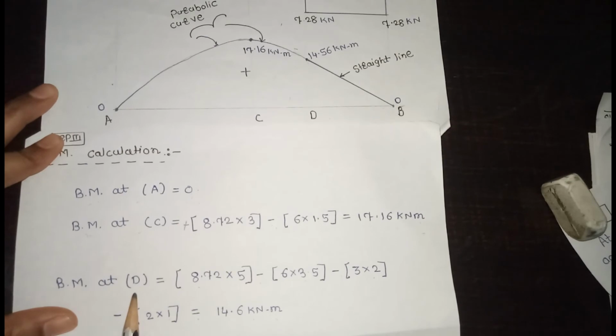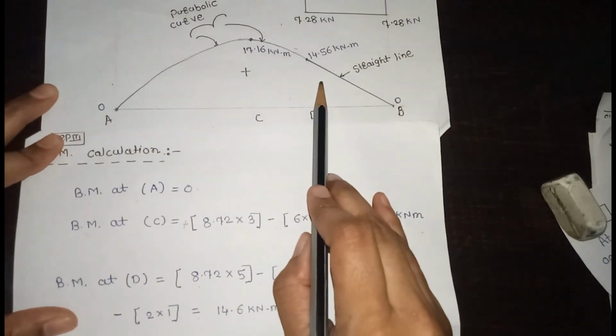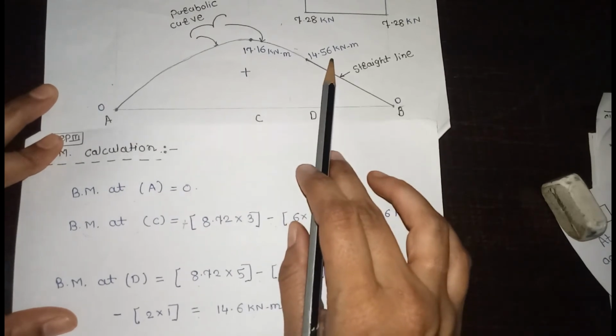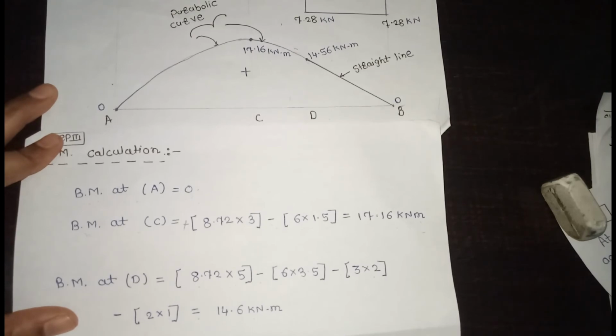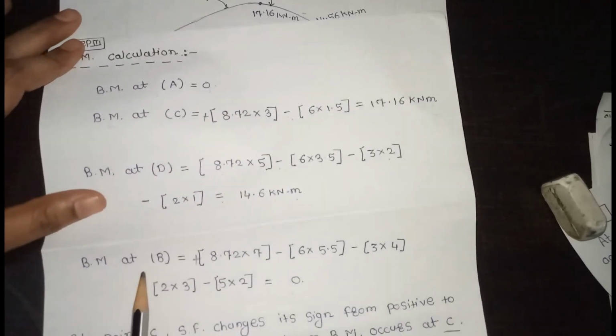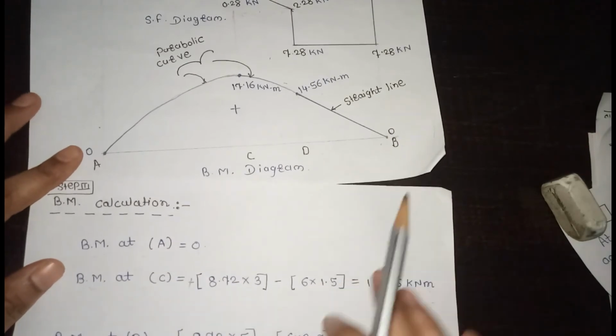Then bending moment at point D is equal to 14.6. Then bending moment at point B is equal to 0.